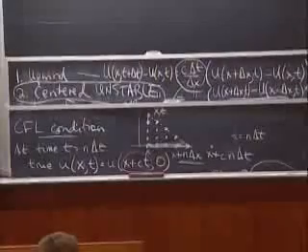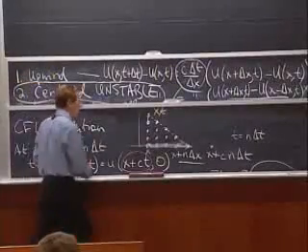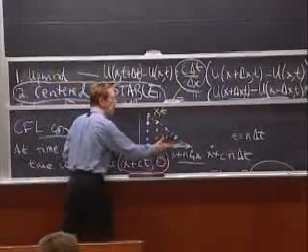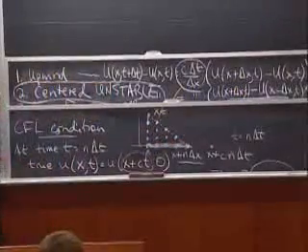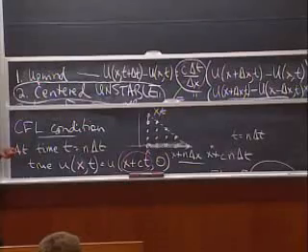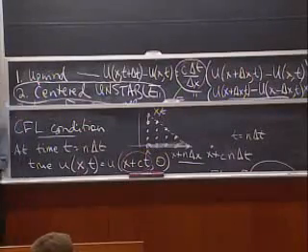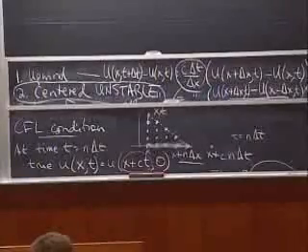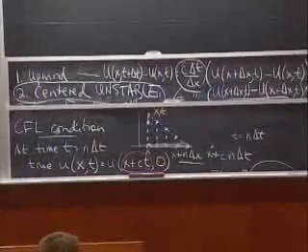I don't know what it means. But one way or another, the wind is blowing this way. The values are coming from the upwind direction. And that's good, because the true value comes from the upwind direction. That's what we saw in characteristics.